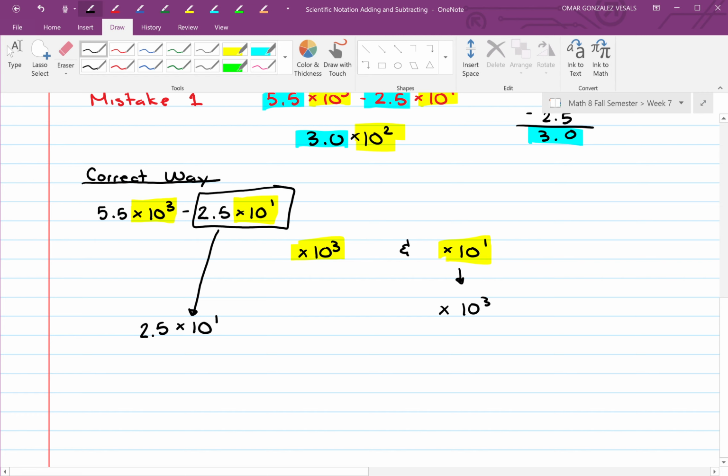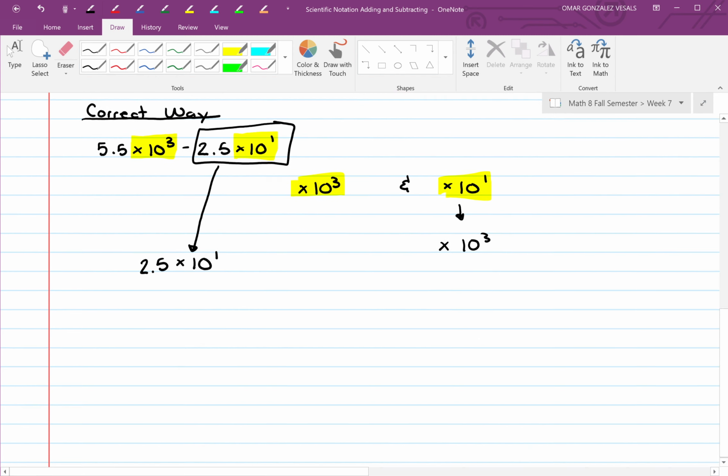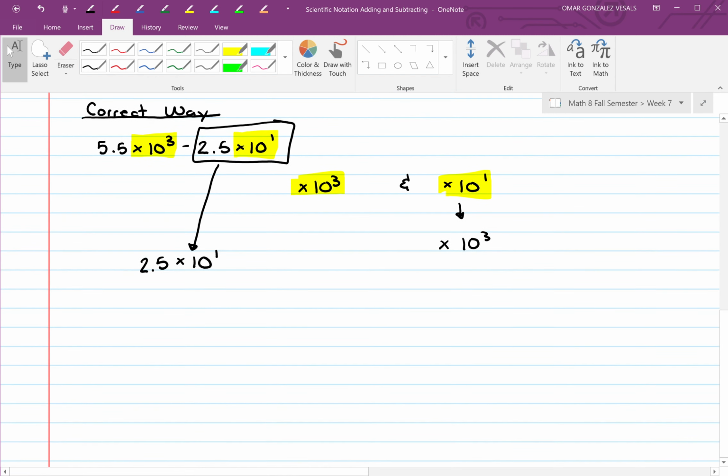What do I want to make that? 10 to the what? 10 to the third. So if I want to make that 10 to the third, I need to move my decimal how many times? Not 3 times, 2 times. And your decimal is going to move this way. 1, 2.